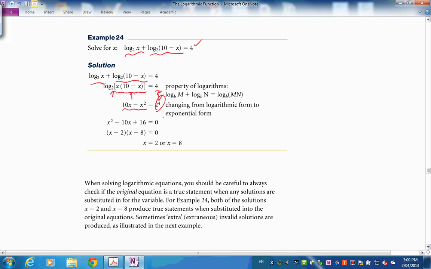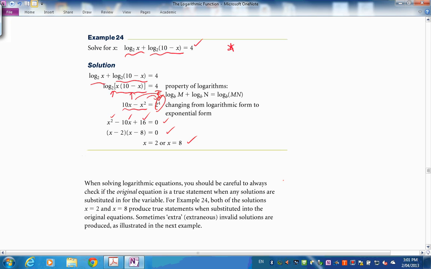What we've done here is put all terms positive: x squared, moving it over there, negative 10x, moving it over there, plus 16 equals 0. We can factorise that and then say x is 2 or x is 8. So combining those two log expressions, remember the sum of two logs is the log of a product.